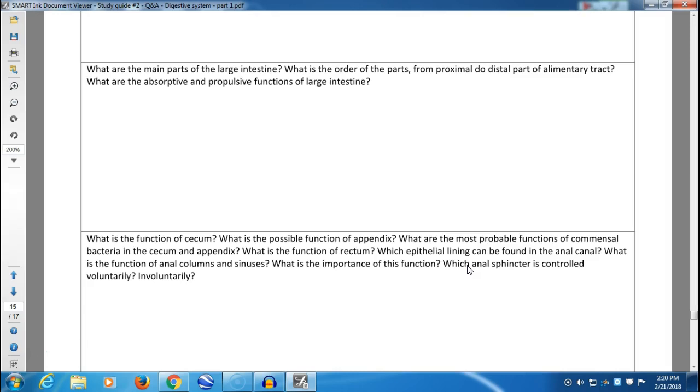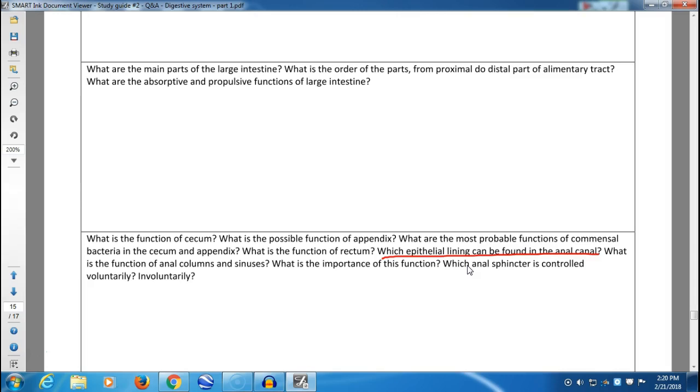Commensal bacteria help us to digest, really, and have immune functions and all that kind of stuff. What's the function of the rectum? Expulsion of feces, right? Anal canal, anatomical lining is stratified squamous.